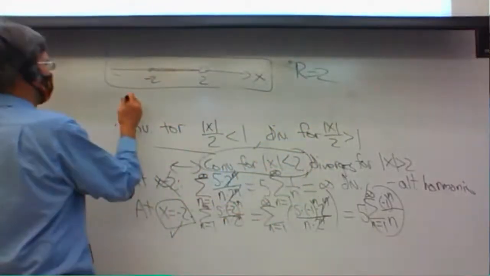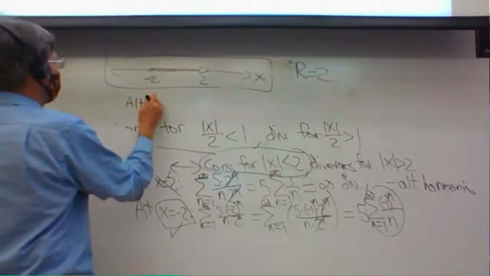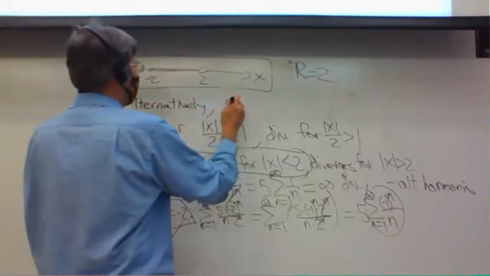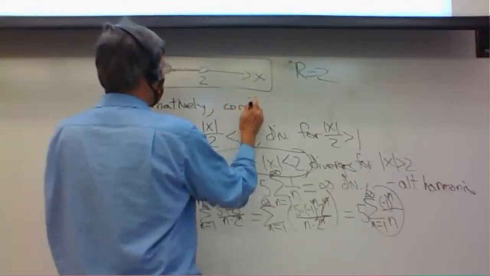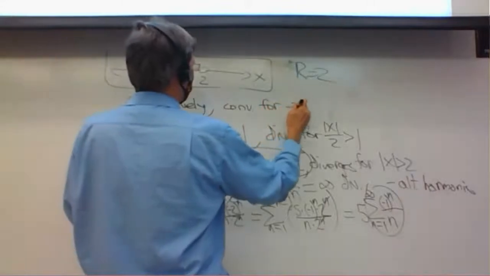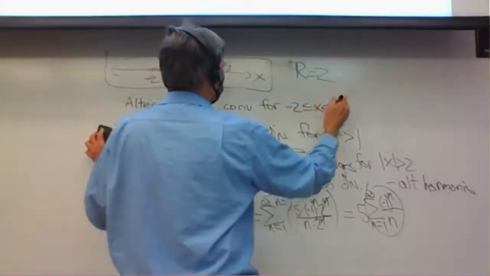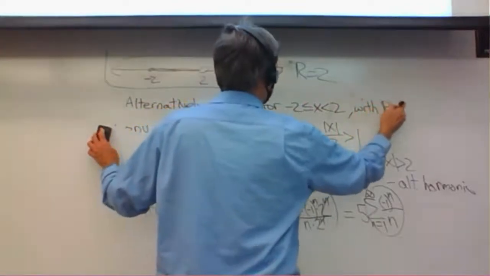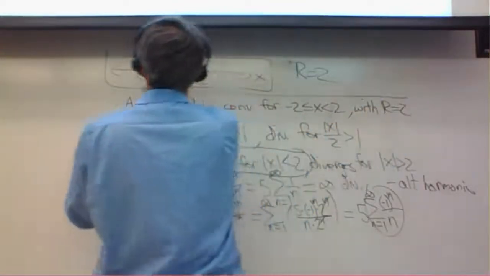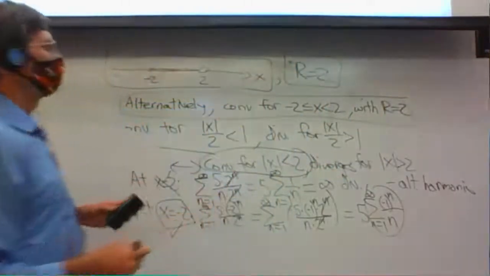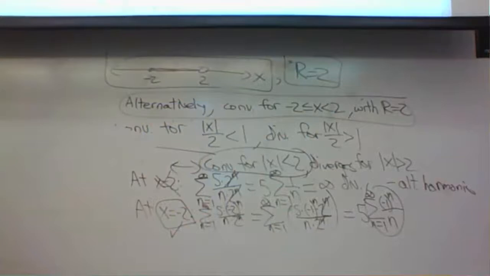Or you can alternatively give the interval notation and say converges for minus 2 less than or equal to x strictly less than 2 with radius of convergence obviously 2. So either way you can answer this way or this way, right? Or you can use the other interval notation.